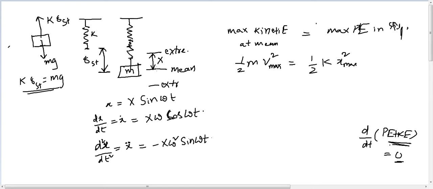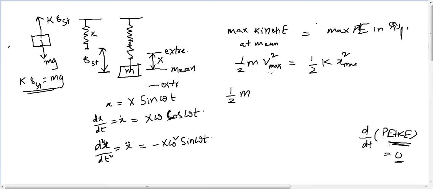And we know that at the mean location the displacement is 0, so the potential energy in the spring is 0. So the maximum kinetic energy at this location must be equal to the maximum potential energy of the spring at the extreme location.